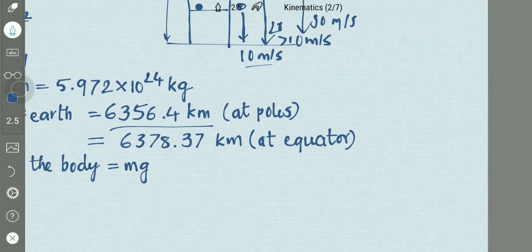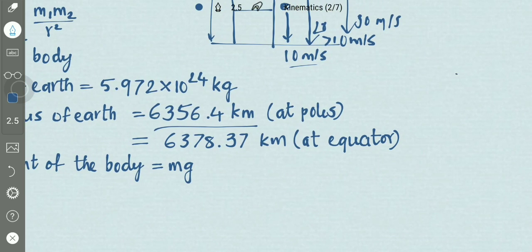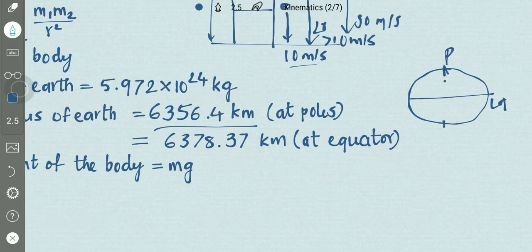Why? Because the earth is in an oval shape, right? In this shape. So this is equator, and these are poles.